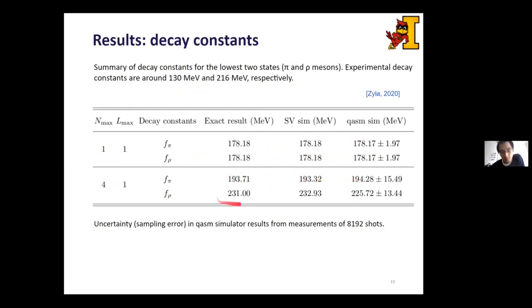And you see the difference between the pi and the rho decay constant. As you expect, if we go to higher basis, this will agree better with the experiments. So the uncertainty or sampling error in the quantum simulator is the result of measurements from the 8,192 shots. Basically, we calculate the standard error of those shots.